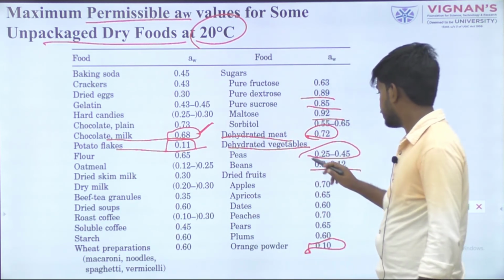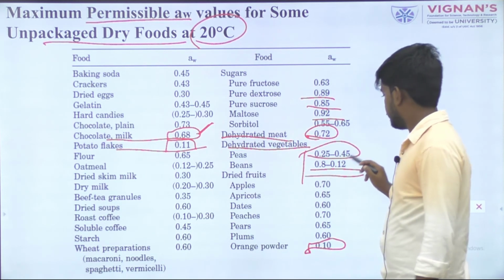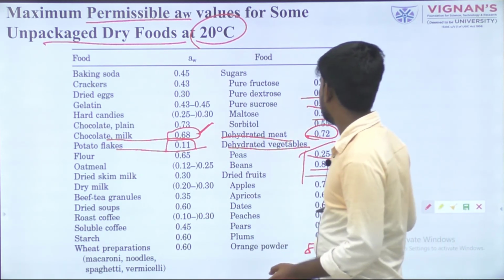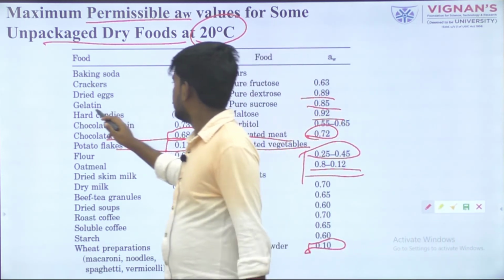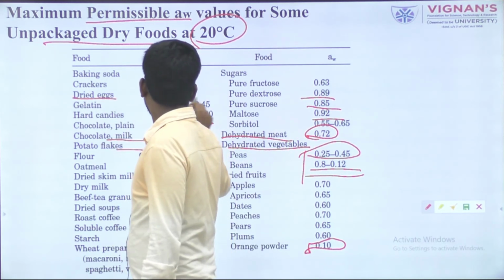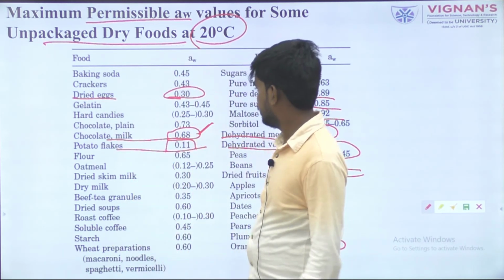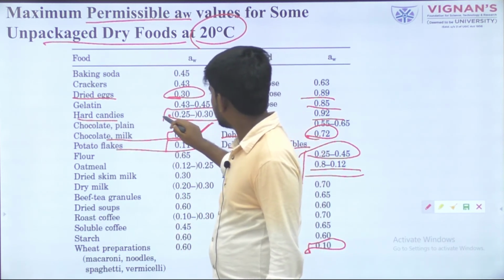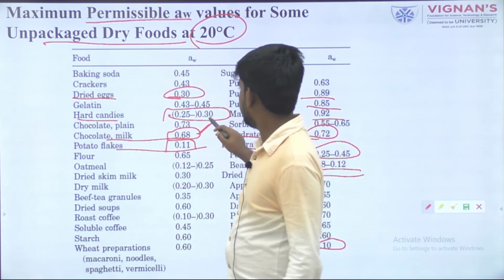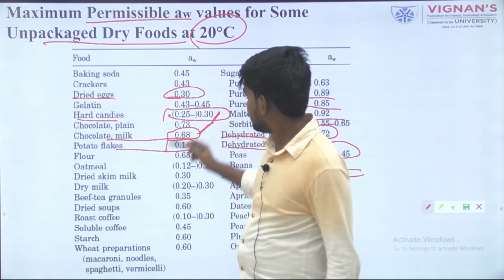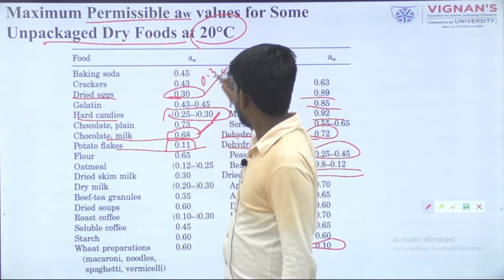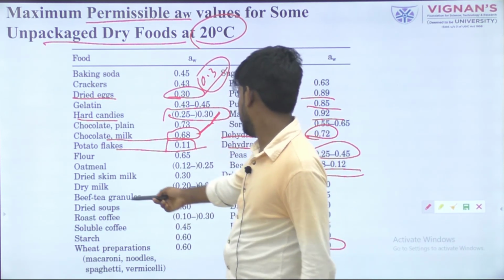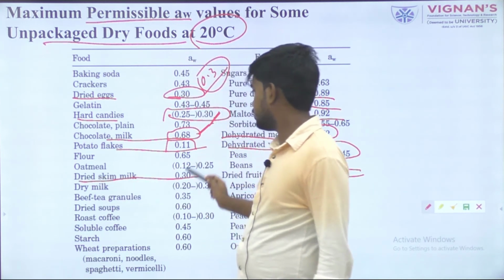For dehydrated fruits you can assume this value is near about 0.3 approximately, and dried egg is about 0.3. For hard candy, approximately 0.25 to 0.3. For dried products you can assume a water activity value of 0.3, for example dried skim milk also 0.3.